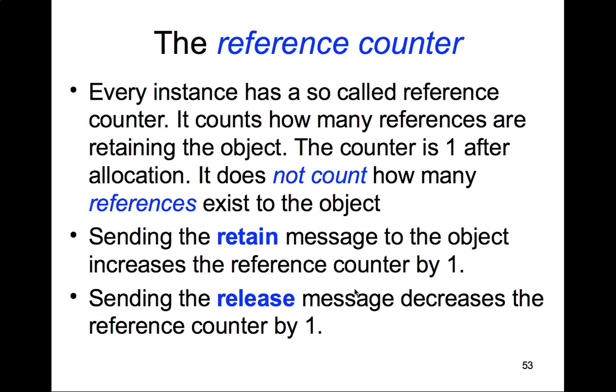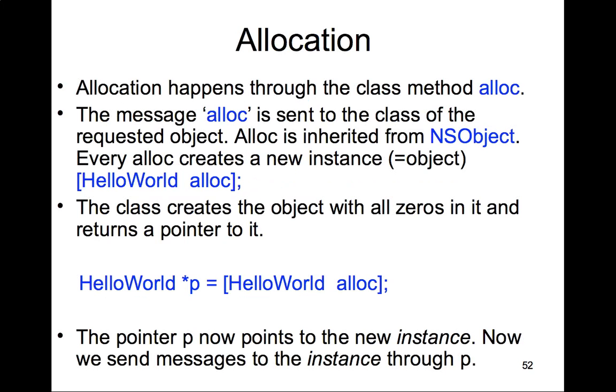So here's that reference counter, what that actually means. Every instance has a so-called reference counter that counts how many references are retaining the object. So p is a reference to the HelloWorld object, and we have one.